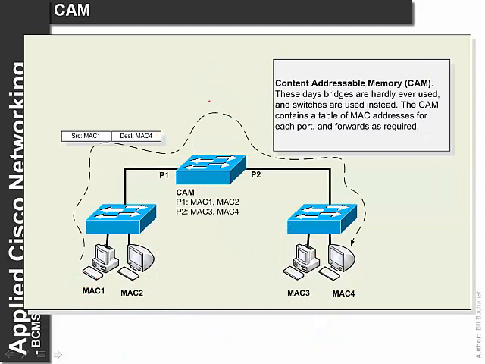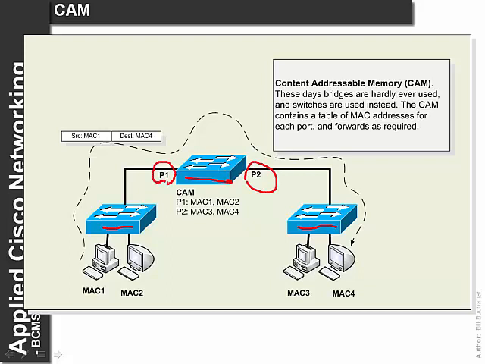So a switch adopts this idea and has what's called CAM, or Content Addressable Memory. We hardly ever see bridges as part of networks now, and normally what we use is a switch. In this case, we have a switch which connects the two machines on either side, and then we have an interconnected switch which is connected through two ports.